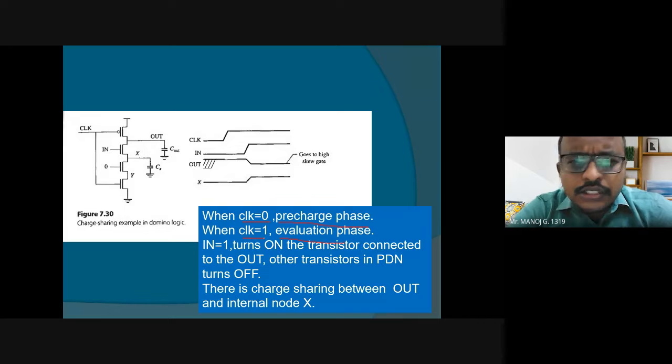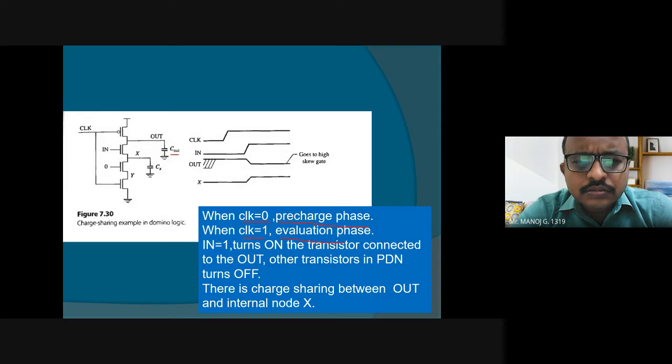But this charge sharing property occurs when the capacitance Cout has a problem. The charge on the capacitance Cout is discharged in an unequal fashion.